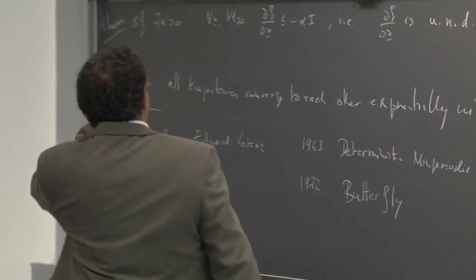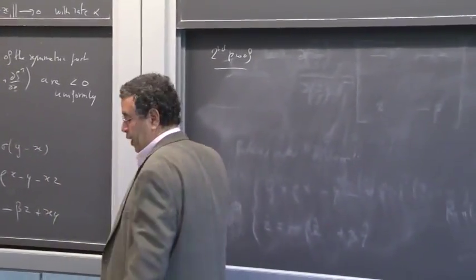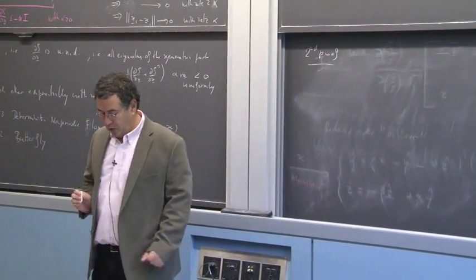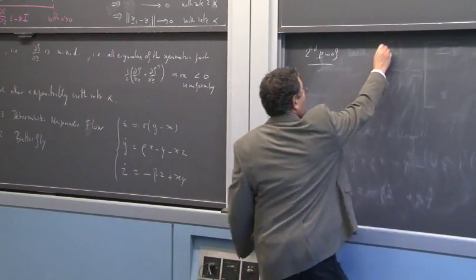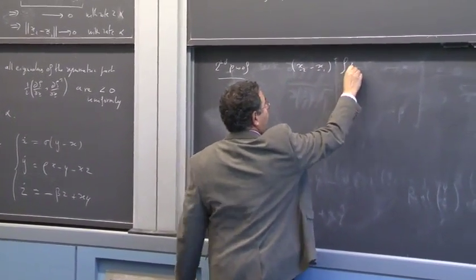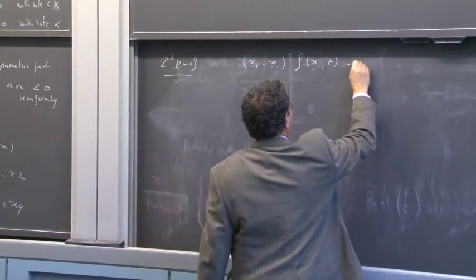But in a sense, what we care about, right, is to compute x2 minus x1 transpose times f of x2 t minus f of x1 t, right?